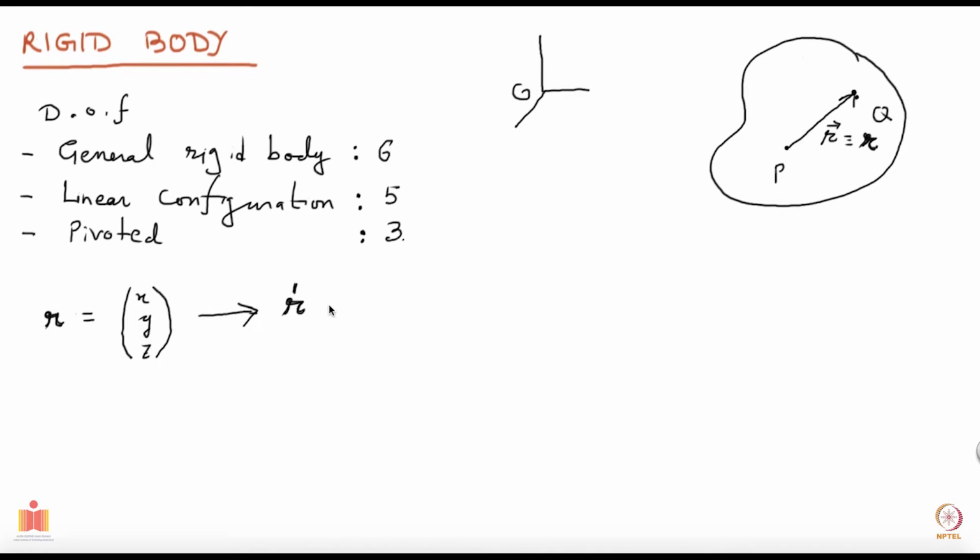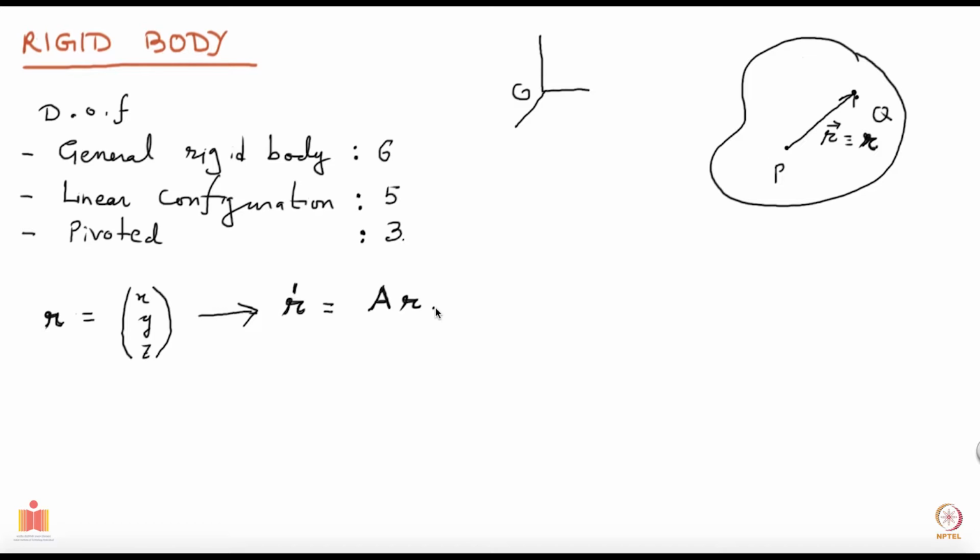That R prime will be related to your original column vector R, and there will be a matrix multiplying it. Matrix multiplication is a linear operation, and that is why you have it here. So this is how your R is going to transform: R becomes R prime, which is A times R, and A is some matrix which we want to figure out.